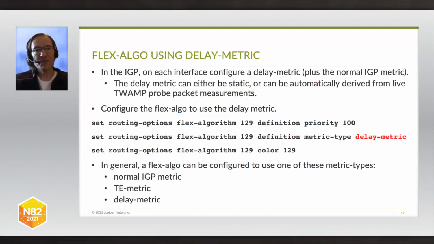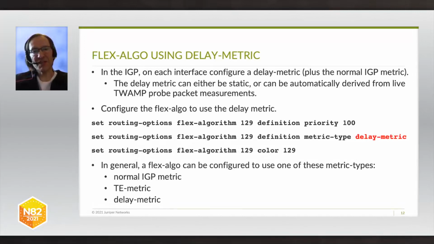And in general, you can choose what style of metric you want for a given flex algo. And so in this example, this particular flex algo has been defined such that it uses a delay metric. And that delay metric can be either statically set if the delay of a given link isn't expected to change much, or in fact it can be a dynamically changing metric according to TWAMP measurements.